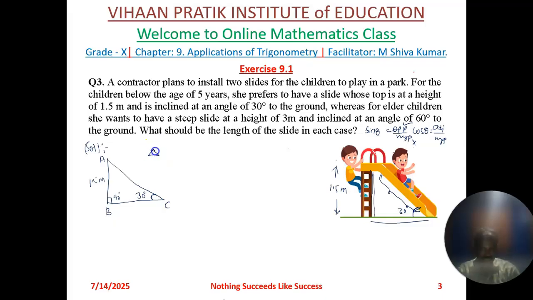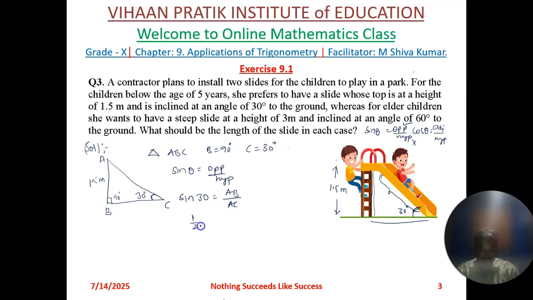So in triangle ABC, right angled at B and angle C is 30 degrees, sine theta equals opposite by hypotenuse. Sine 30 equals opposite which is AB, by hypotenuse which is AC.